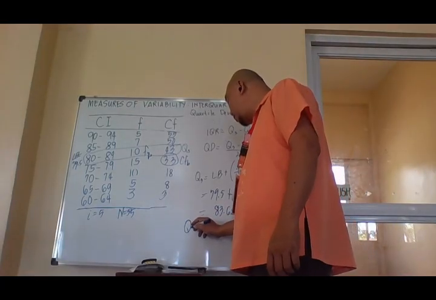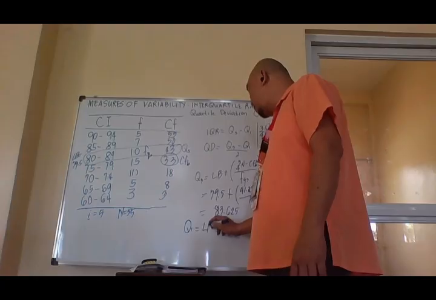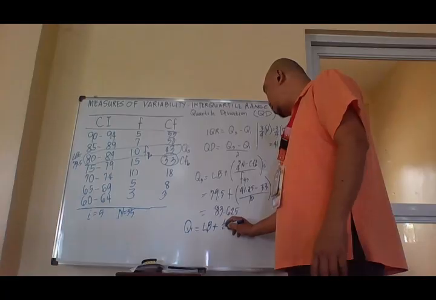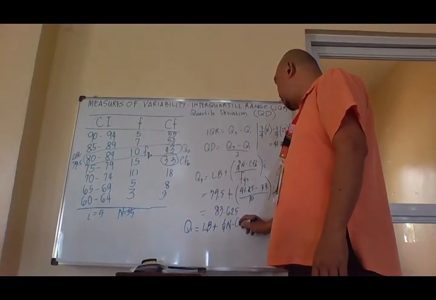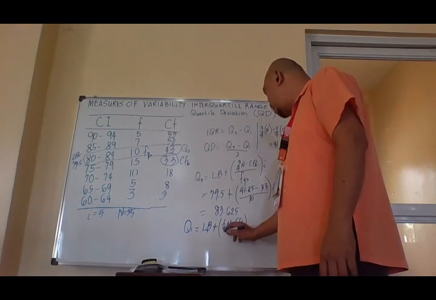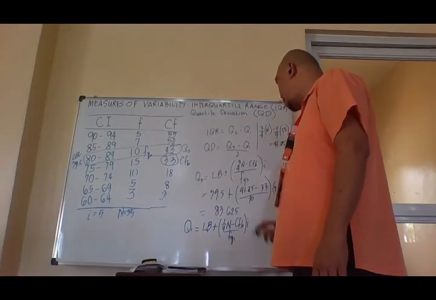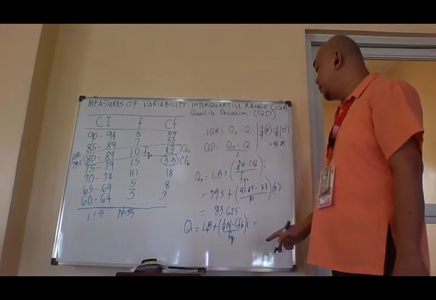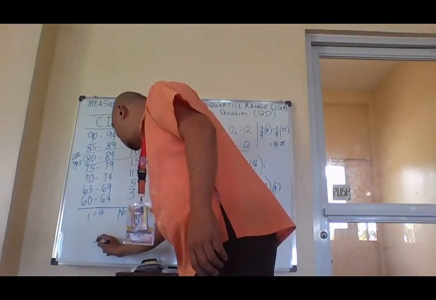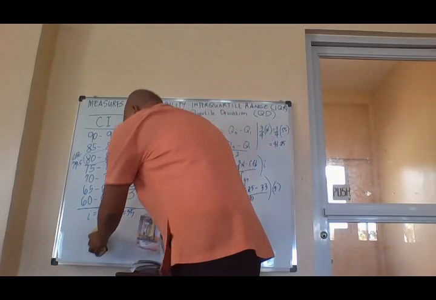Now we are going to compute for Q1. So Q1 is equal to the lower boundary of the first quartile class plus 1/4 of n minus cumulative frequency before the first quartile class divided by frequency of the first quartile class times I. We are going to look again for the value of 1/4 of 55.